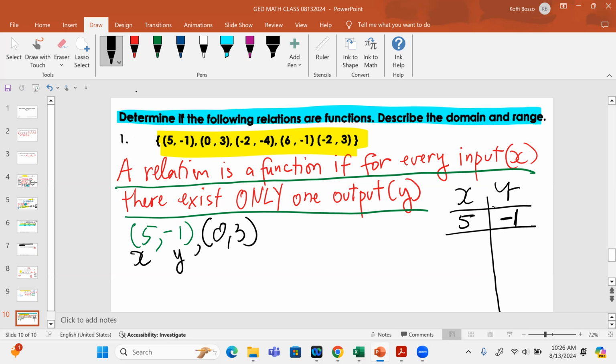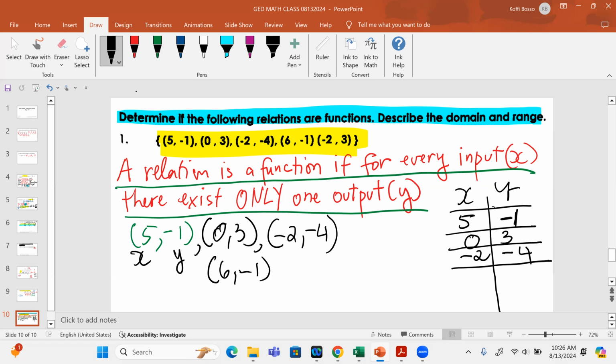So what is 0? What is 3? Perfect. After that, we have a negative 2, comma negative 4. What is negative 2? That's the x, and the y is negative 4. After that, we have a 6, comma negative 1. 6 is the x, negative 1 is the y.